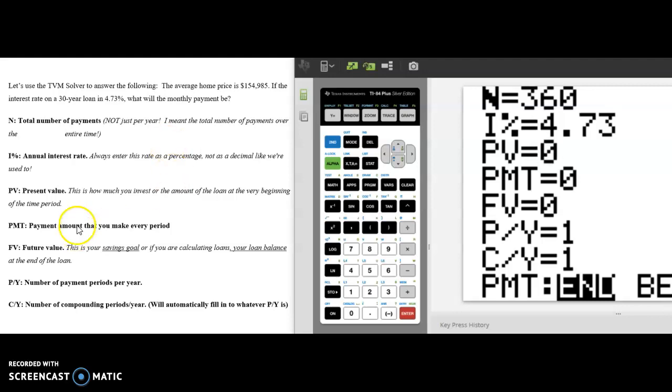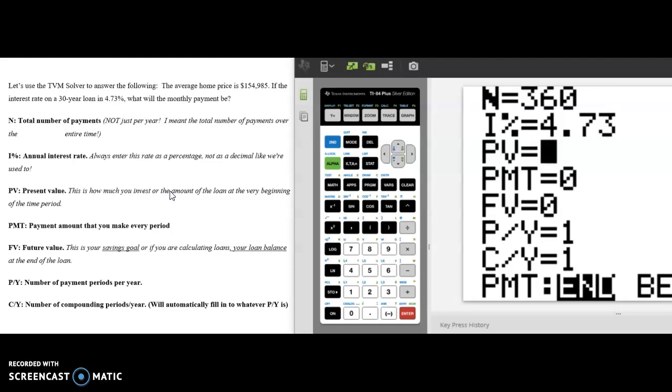PV stands for present value. That's how much you're investing at the very beginning of the period, or how much, if you're taking out a loan, how much that's going to be. It's the value that you're looking at the very, very beginning. So in this case, we are looking at a mortgage, a loan of $154,985.